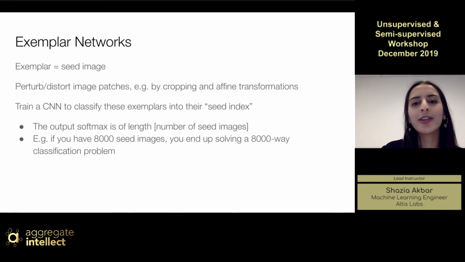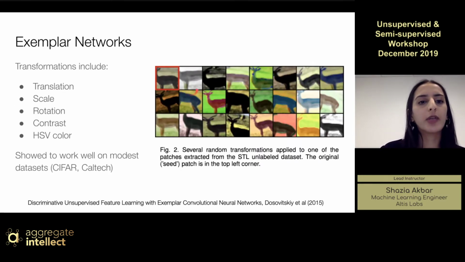Now, you'll notice a kind of trend that is happening with these self-training techniques. You have your data, you perform some sort of transformation, and then you try and predict that transformation. And that's exactly what they did with the Exemplar networks. It's very similar to Jigsaw in that some transformations do occur, but they're a bit more obvious about the transformation. So they scale and they rotate and they change the color space, they add contrast in the Exemplar network.